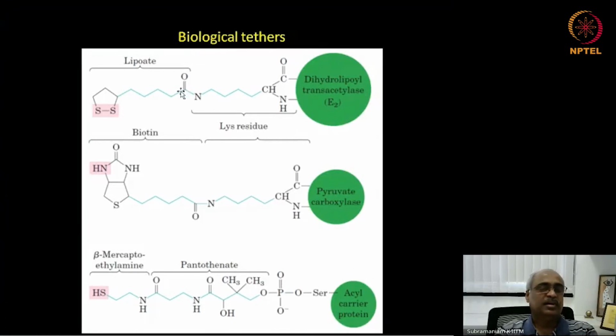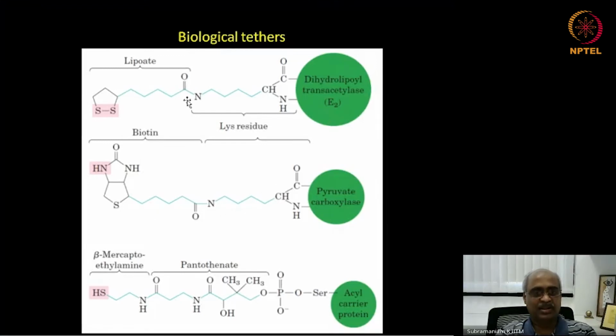Among these molecules, what is our focus here is this long arm, how that helps. So this we saw very clearly, how this swings among 3 active sites, this lipoic acid. And this one, biotin, we just saw. So this is the biotin spot, this is the lysine.